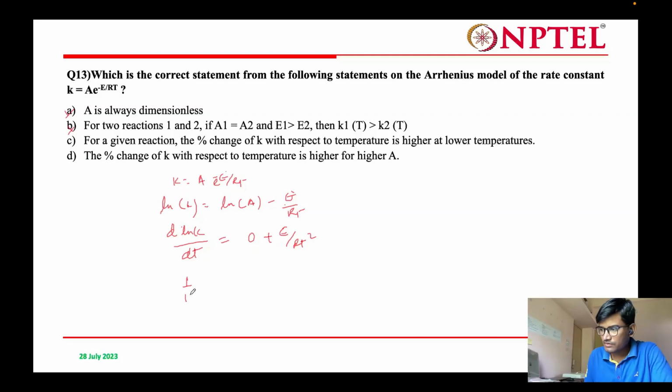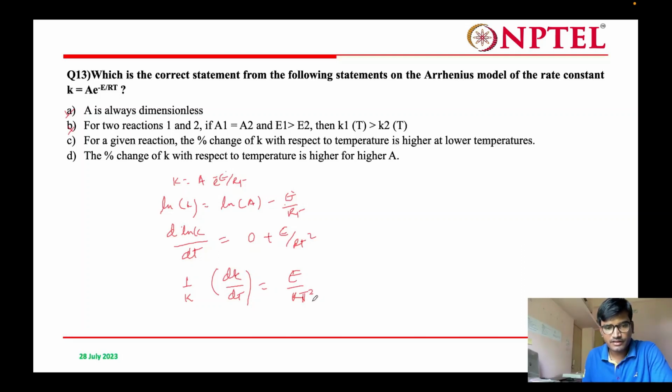Here T is in the denominator, so the change of k with respect to temperature is higher at lower temperatures.